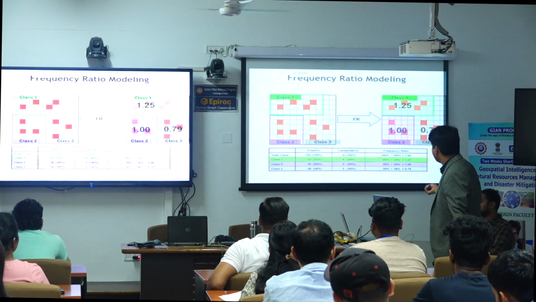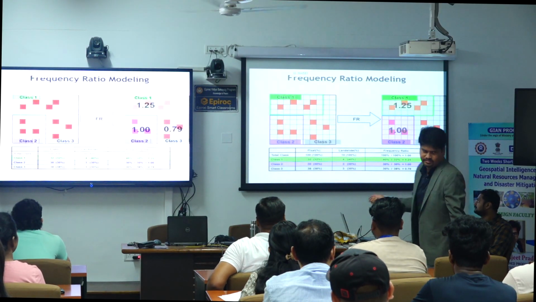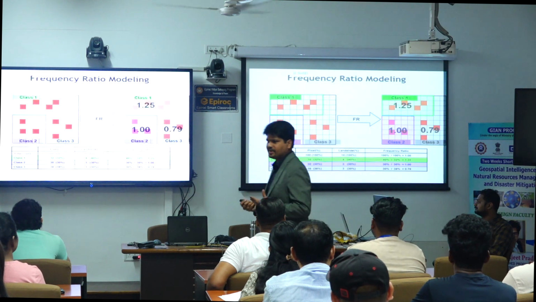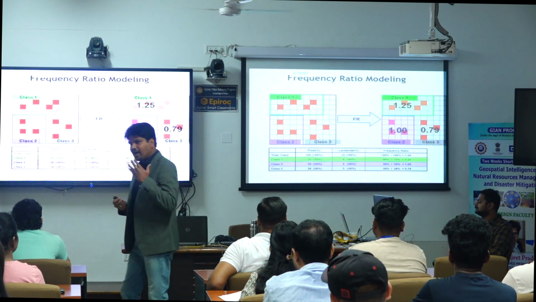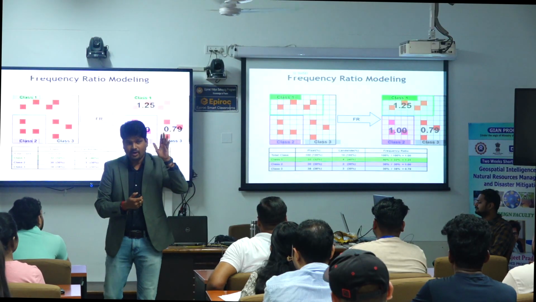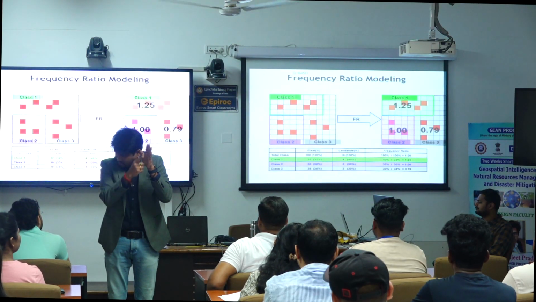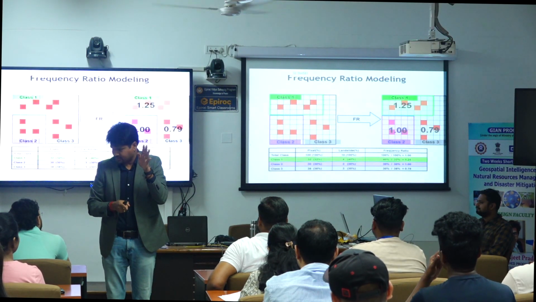Class 2, 1. Class 3, 0.79, so 79. Now you have the reclassified map or input data for all the variables or conditioning parameters.